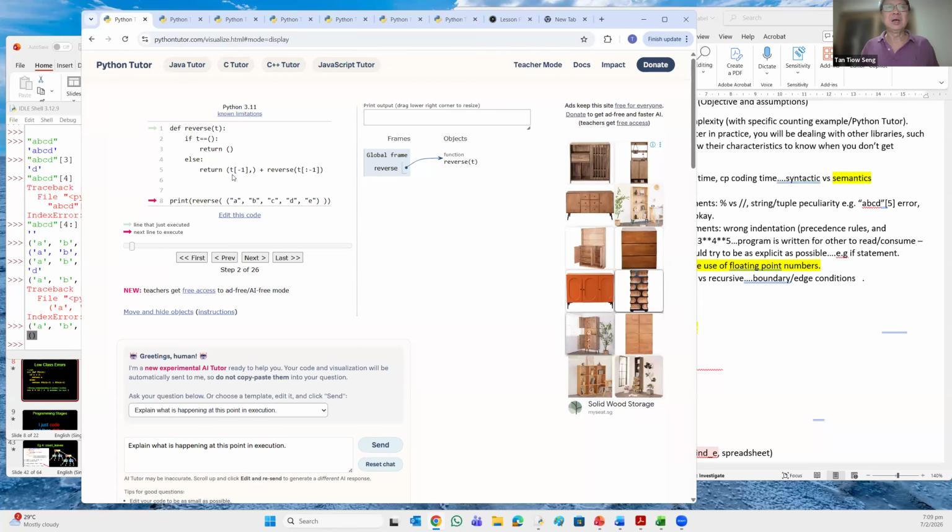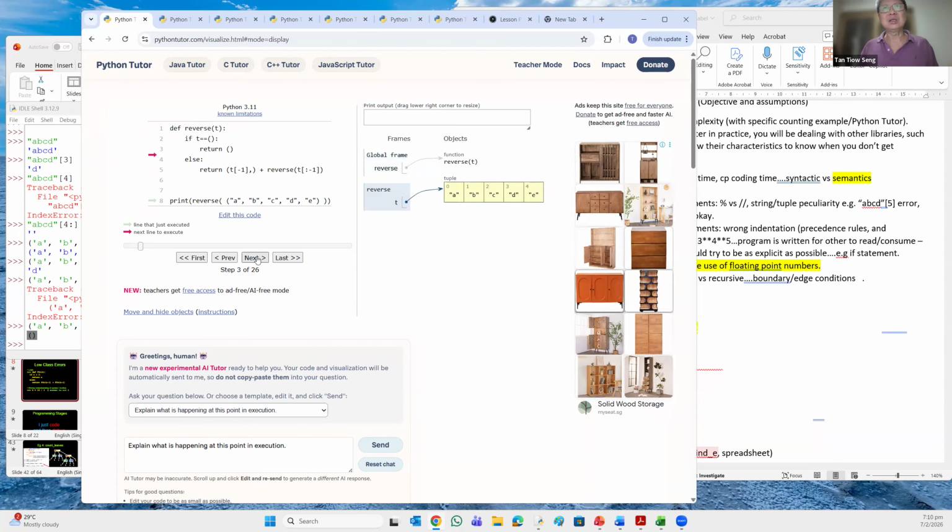Otherwise, you return the last element, and you need to add a comma. Without a comma, you will not get a tuple; you will just get the last character, which is wrong. So in the first round you get E. Then you apply the reverse recursion from the beginning to before the last element, which means from A to D.